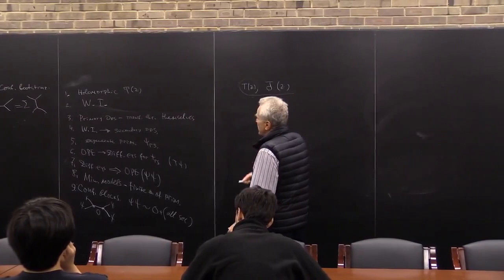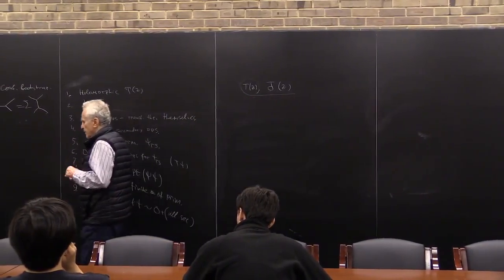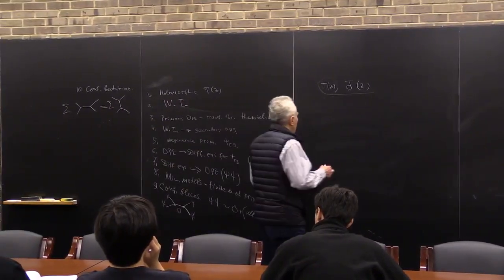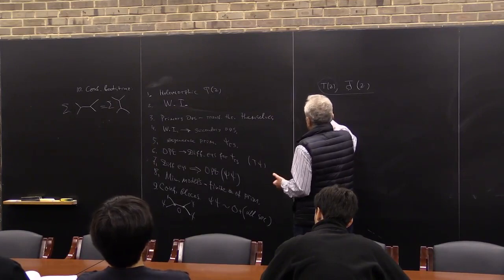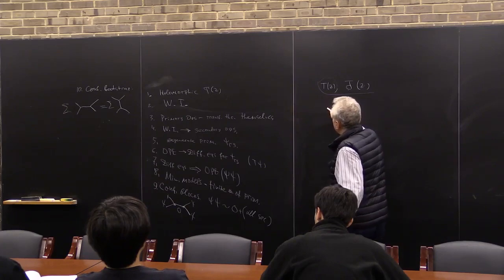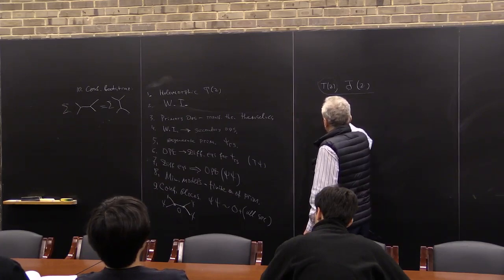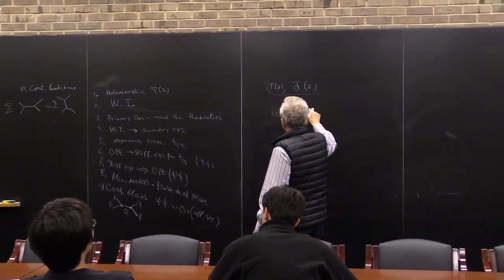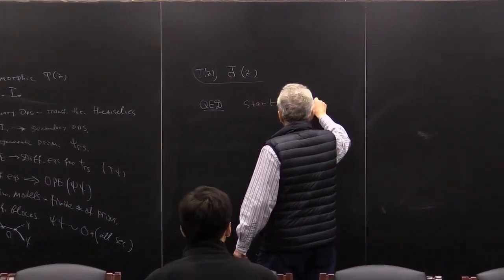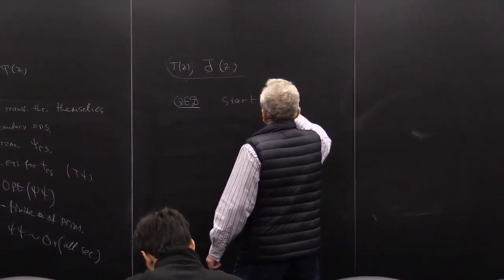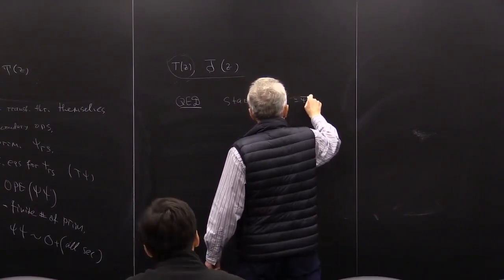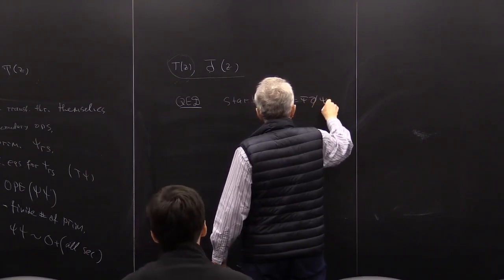Now, when we discuss coupling it to gravity, let's first remember in general what we mean by coupling things to gauge fields or to gravity. When we have quantum electrodynamics, we start, excuse me, with the Lagrangian for free fermions, say the Dirac Lagrangian.